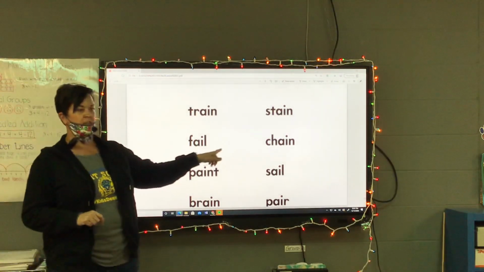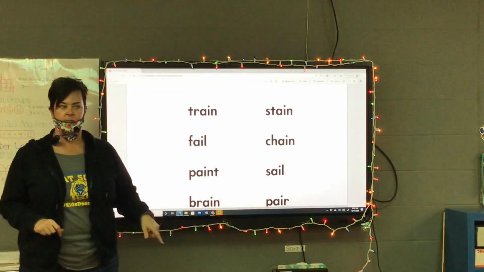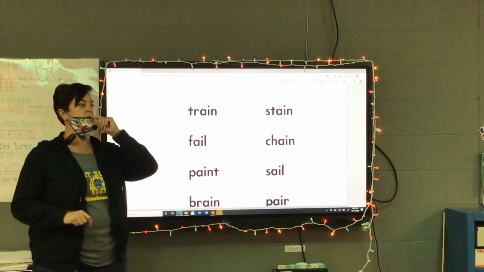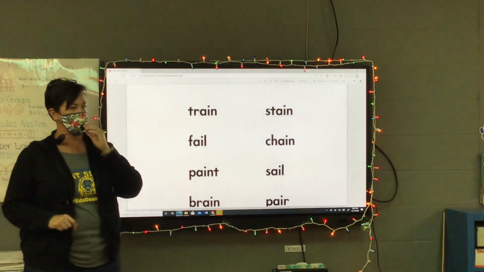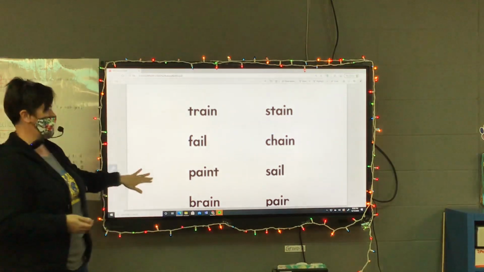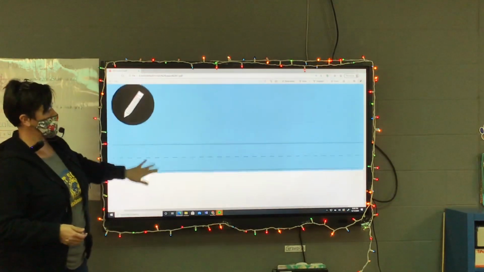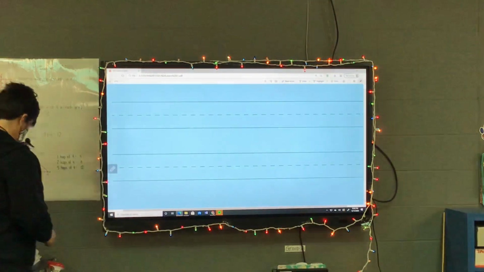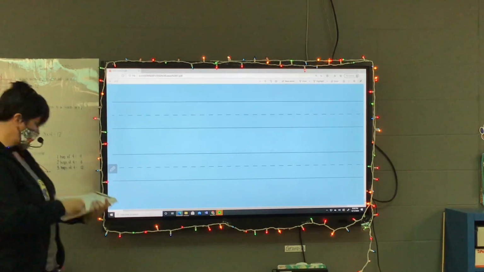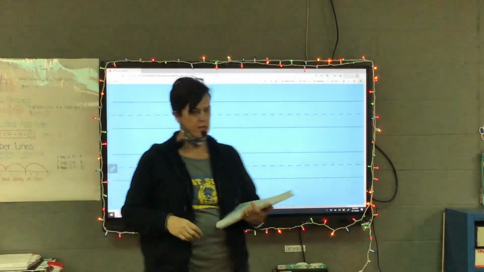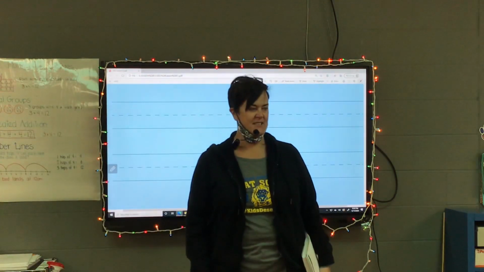Anybody know what this fail is? Like you don't pass. Yeah, you don't pass something. Okay, let's practice that AI sound. First word, paint. Paint.